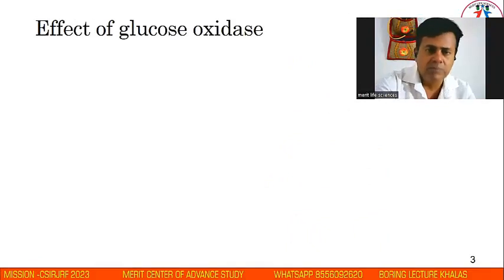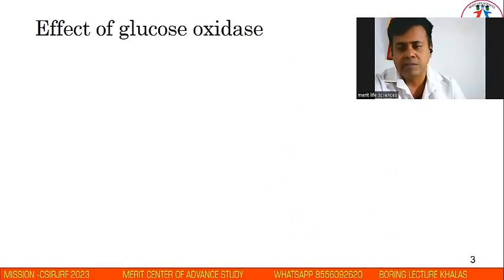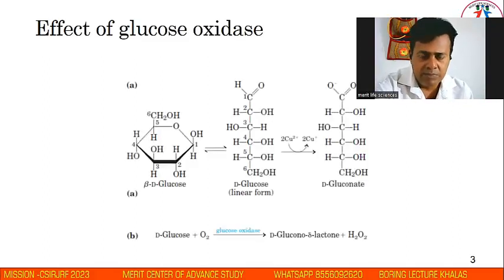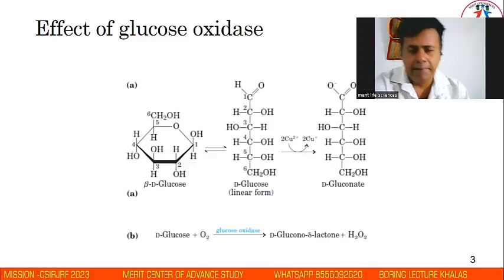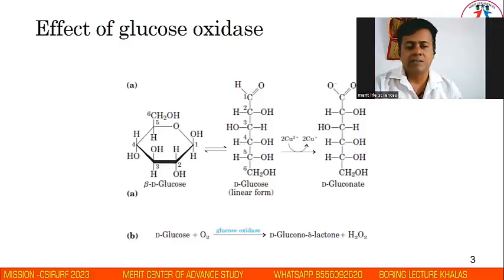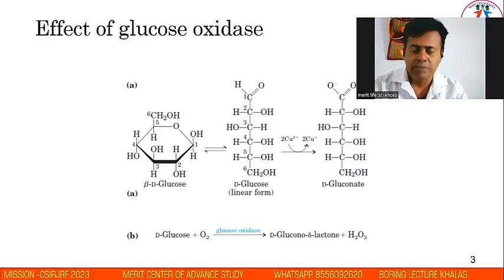So what is the effect of glucose oxidase? This was asked in the CSIR examination over glucose. What product may be possible? If you are adding glucose oxidase to D-glucose, because when we write glucose, it always means D-glucose, right?